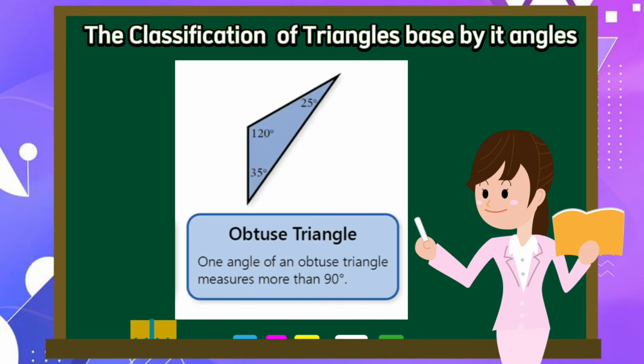Lastly, we have the obtuse triangle. An obtuse triangle has one angle more than 90 degrees, for example 99 degrees or 120 degrees.